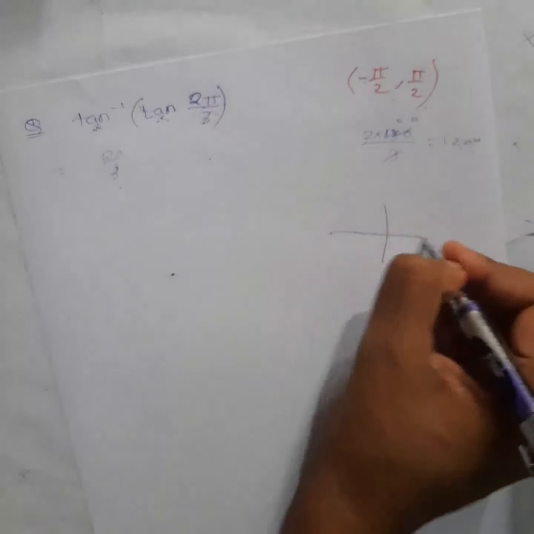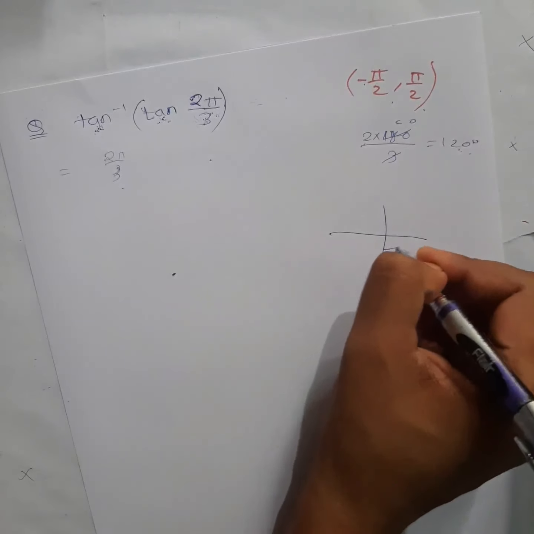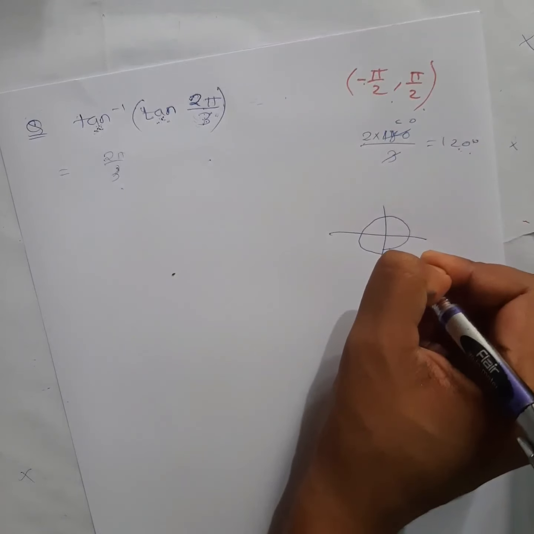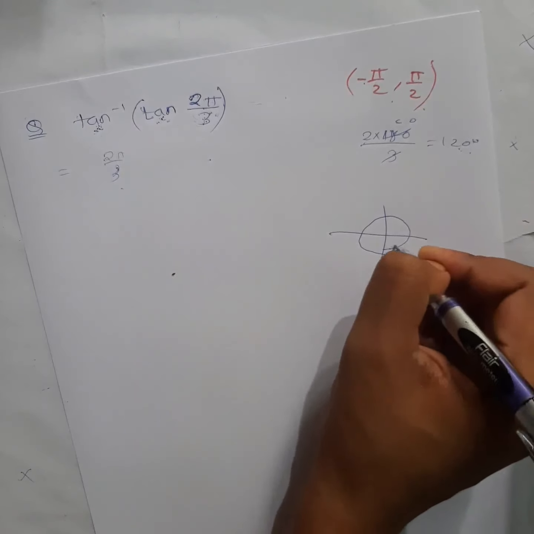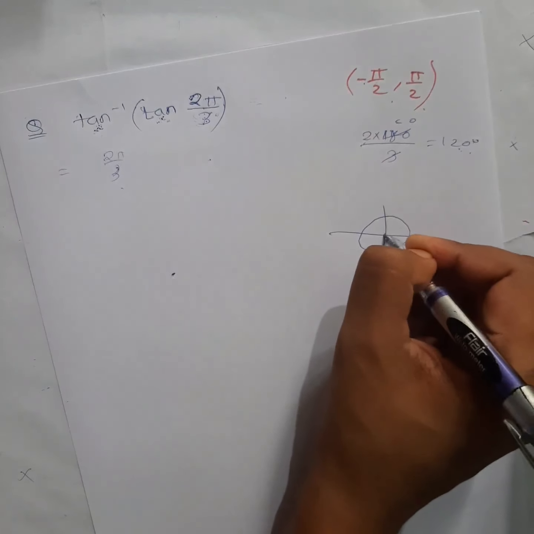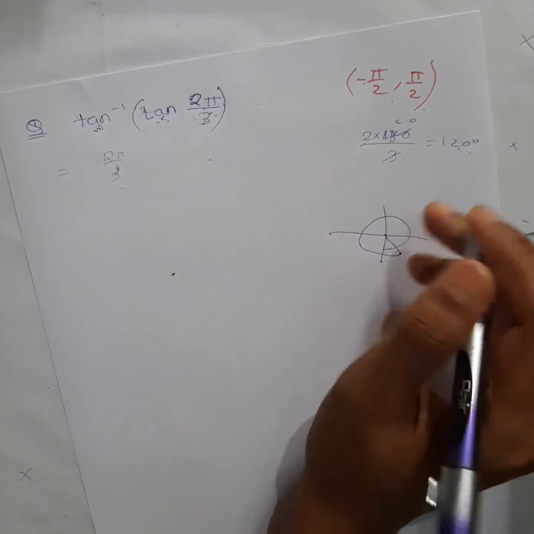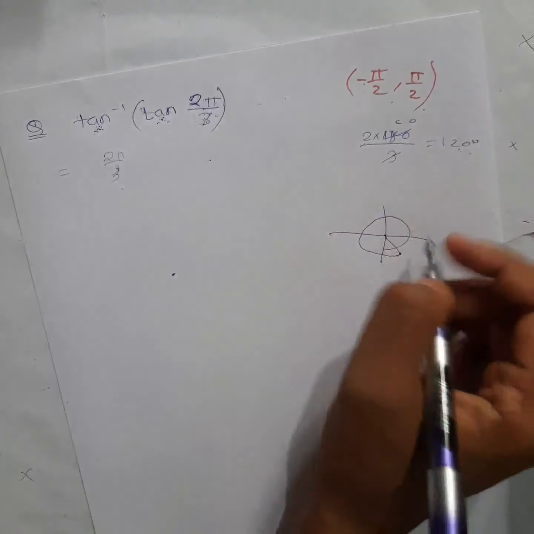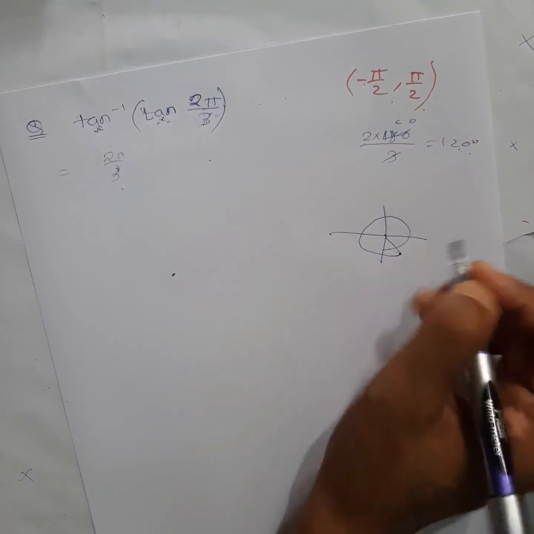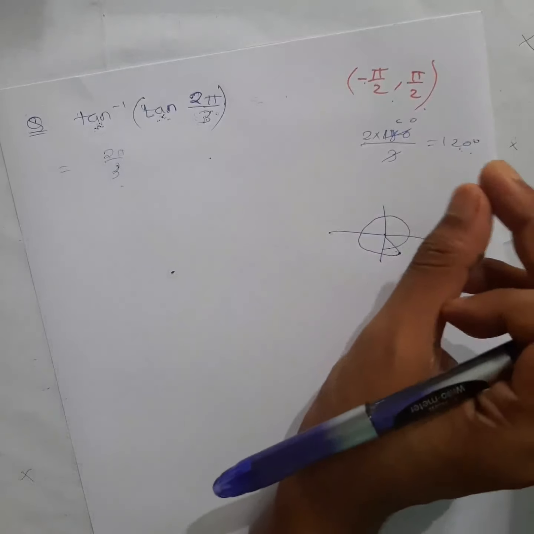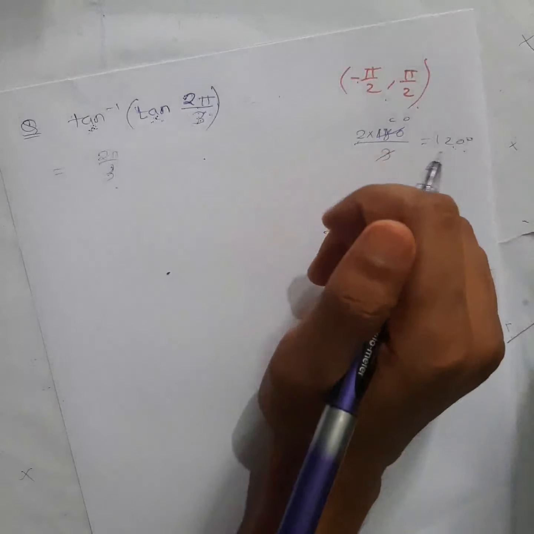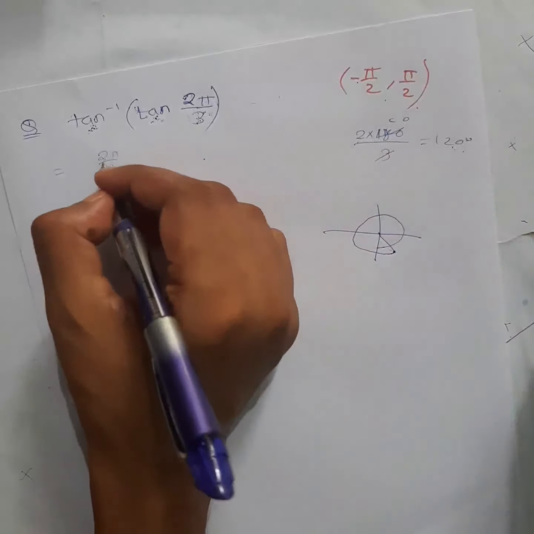Remember, if you have to find out tan of 270 or 275, suppose, then how we used to do? We don't find 275 directly. What we used to do is we used to convert this 275 in terms of multiple of pi by 2, and then write down whatever comes out along with that pi by 2 small angle, that we used to find out, remember? So same thing we will do here also.